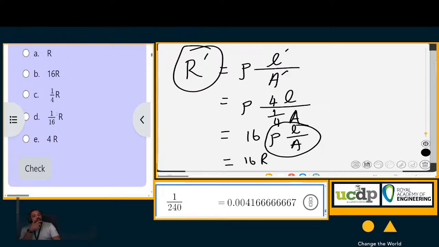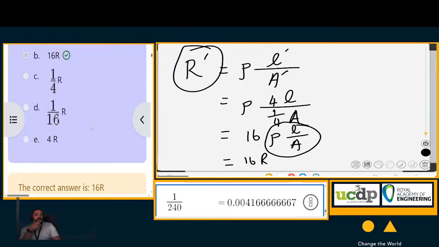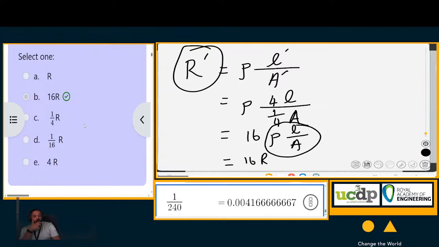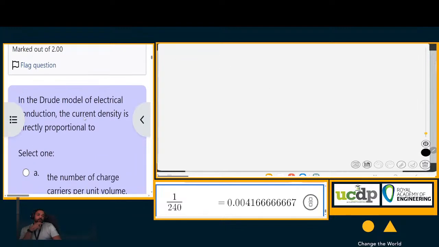What is the new resistance? 16 times greater than the old resistance. Let's check. 16R. That is correct. You need to be able to do these type of ratio problems.